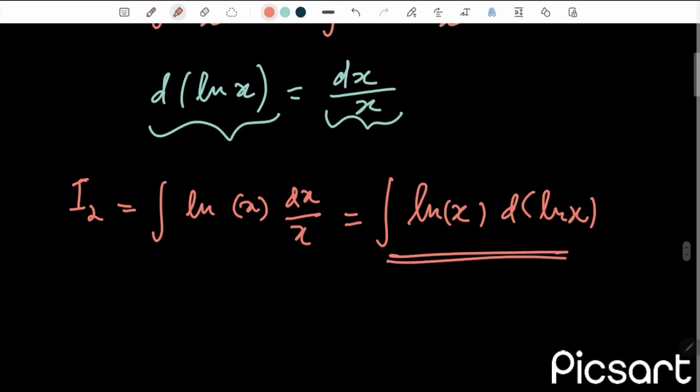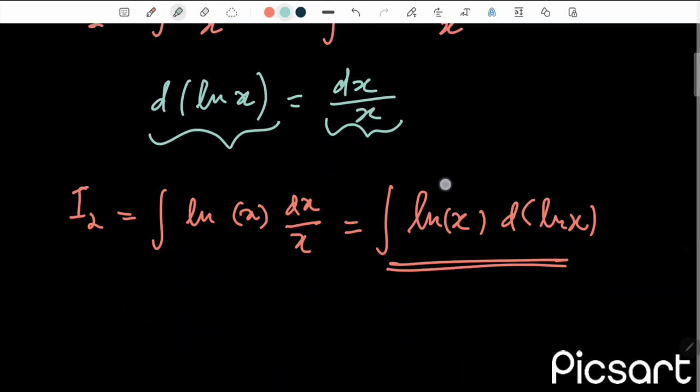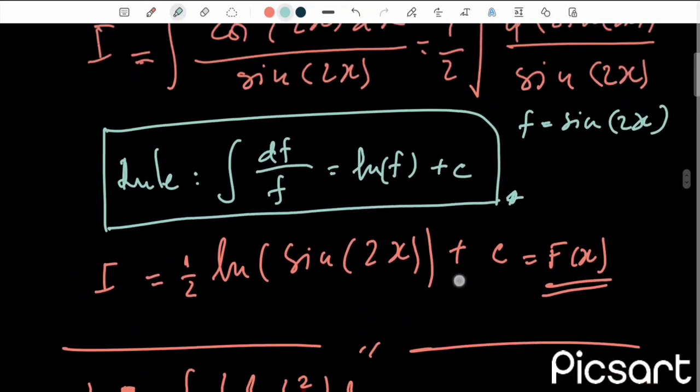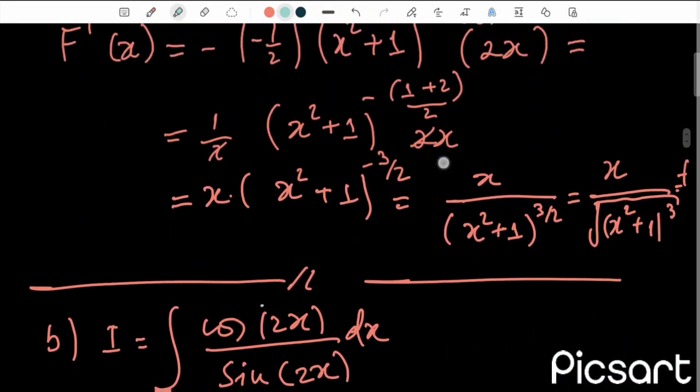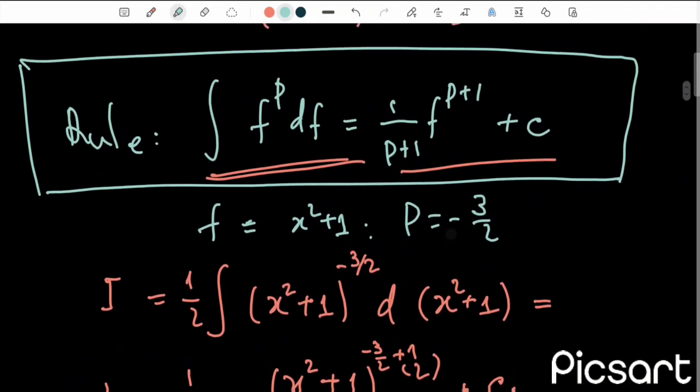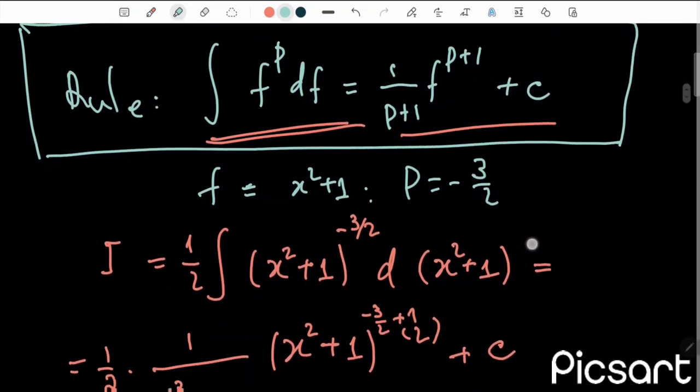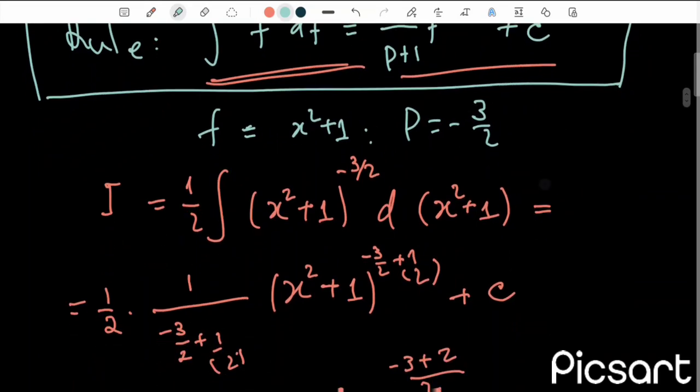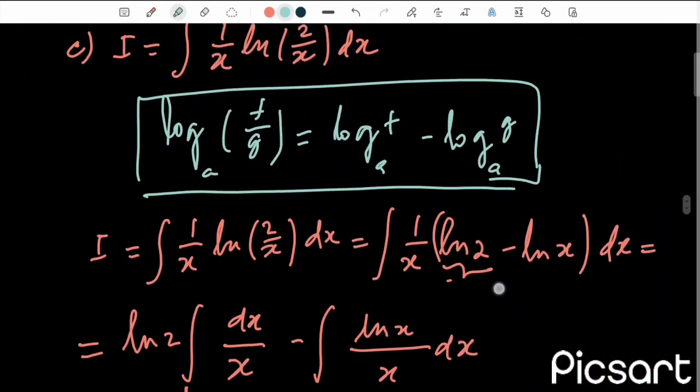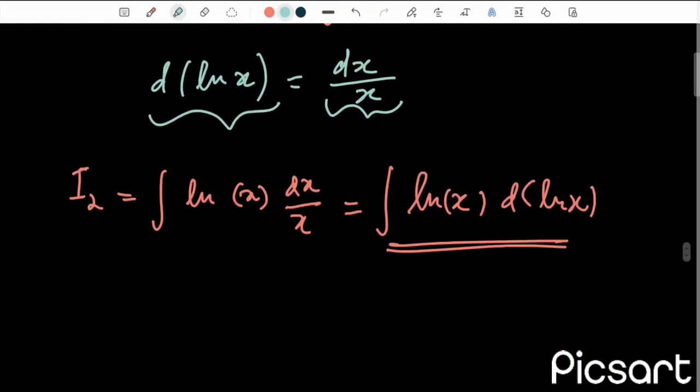And to solve this integral, we must remember the other previous rule we used for the first exercise of this video, which is the integral of f to the power p d of f equal to f to the power p plus 1 over p plus 1, where from here we can see that our f function is equal to ln of x, and our p is equal to 1, which is the exponent of ln, which is 1 for this exercise.